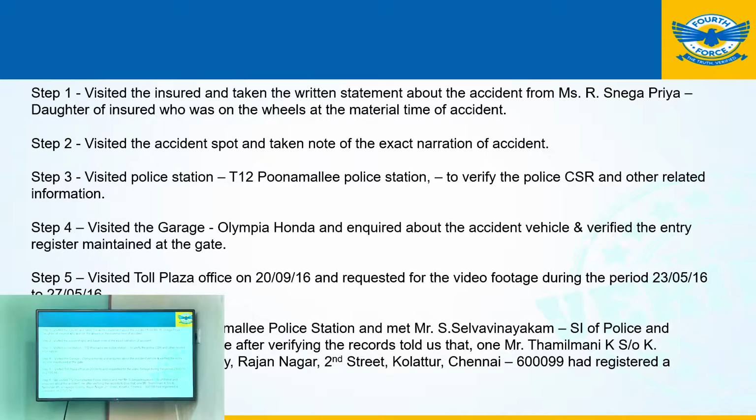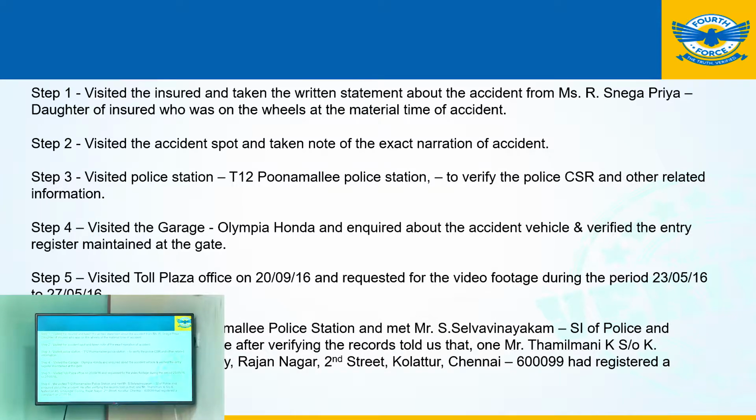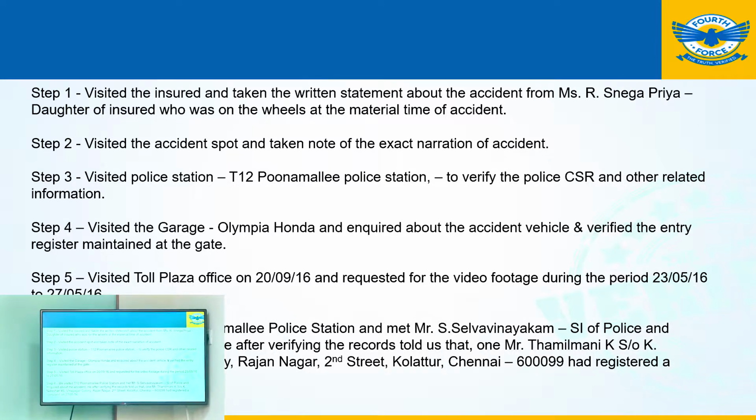So first step is visited the insured, taken a written statement or declaration about the accident from Miss Sneha Priya, daughter of the insured, who was on the wheels at the material time of accident. No one was there along with her at the time of accident. Visited the accident spot, taken note of the exact narration of accident. So we visited that spot along with the insured and the insured's daughter who was driving, Sneha Priya.